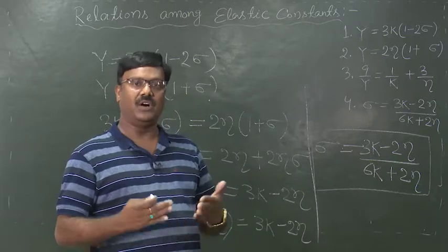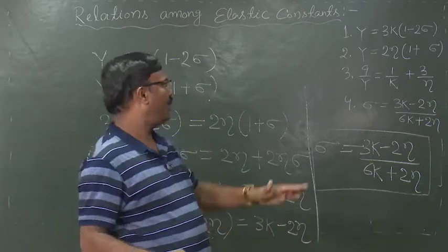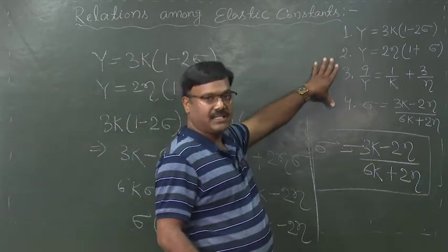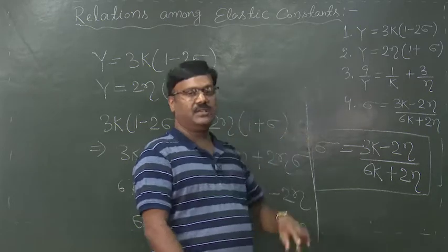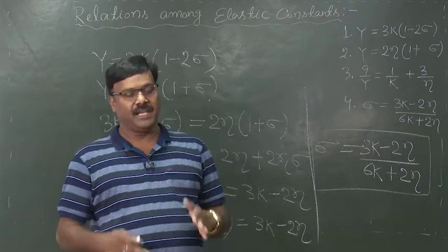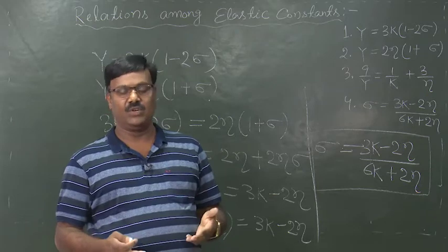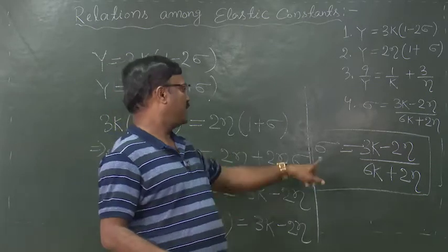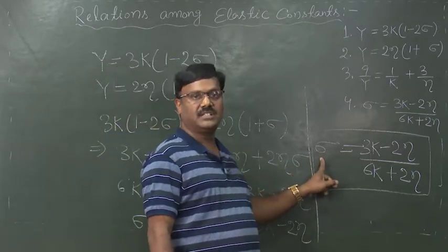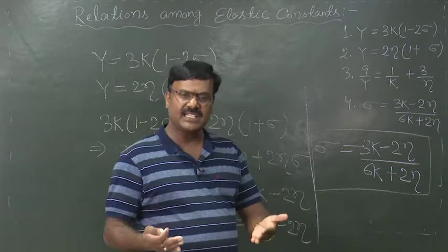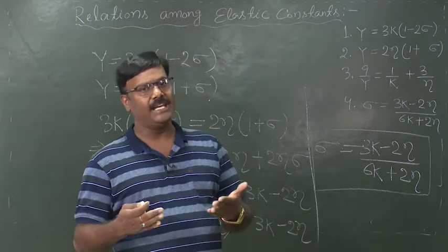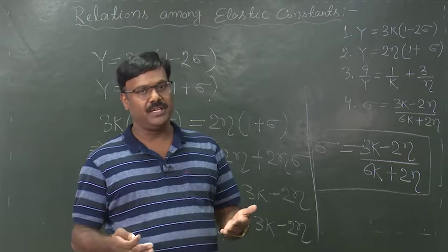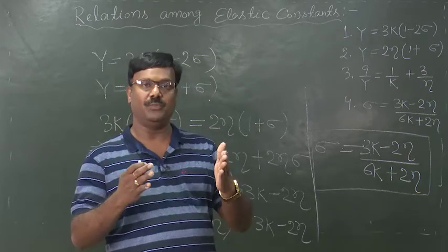Now we have already discussed all the four relations among elastic constants, but one thing remained. Every time the question arises, what is the value of this sigma, the Poisson's ratio? And it is theoretically proved that the value of sigma lies between -1 and 0.5.